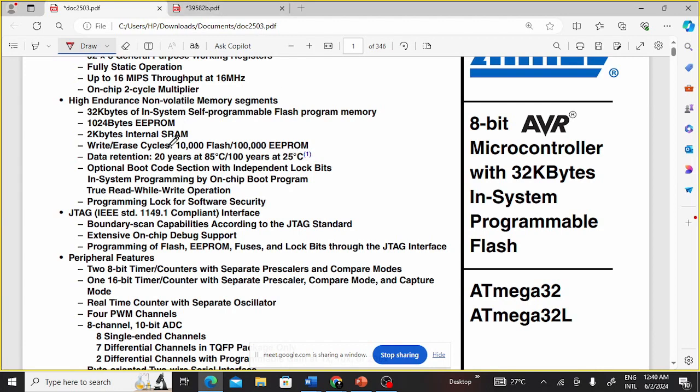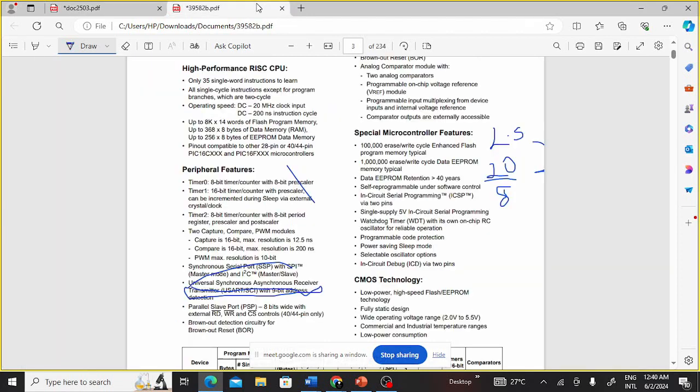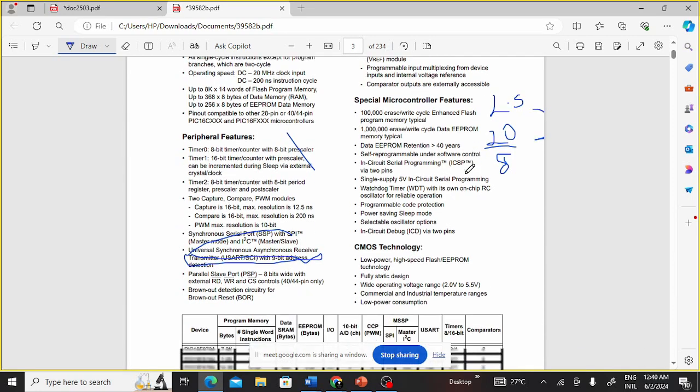Can you see? This is 10,000 for flash and 100,000 for EEPROM. Here they said 100,000 for flash and 1 million for EEPROM. That means in rewritable memory, PIC is better in flash memory than this.